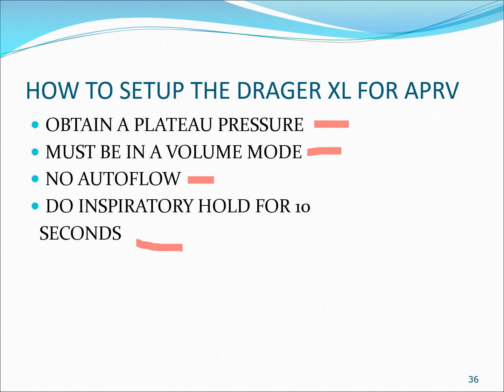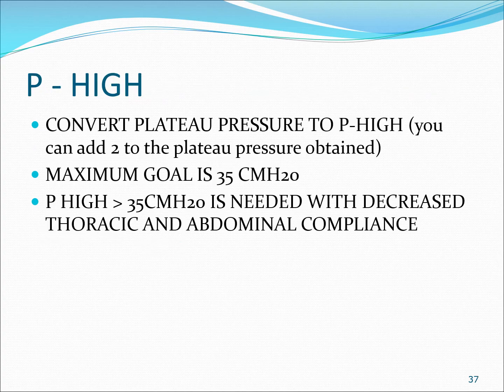Plateau pressure becomes P high. You can use that plateau pressure directly, or you can add 2 to it. So if your plateau pressure turns out to be 29, you could add 2 and make it 31. The maximum goal of P high should be around 35 centimeters, but I've seen it higher.